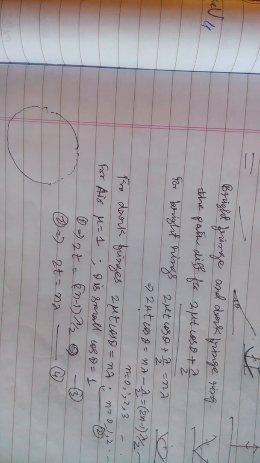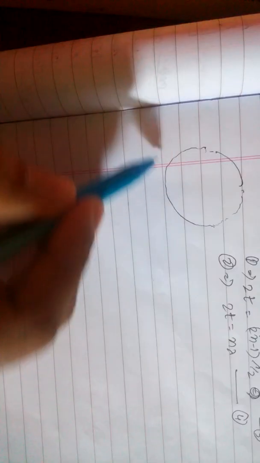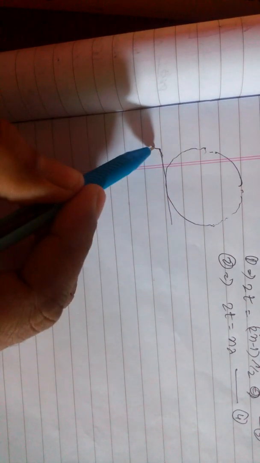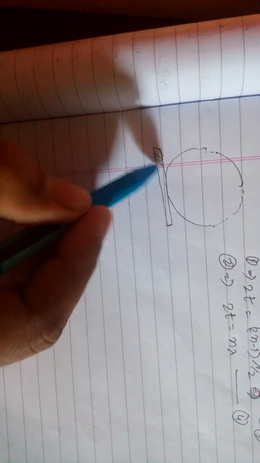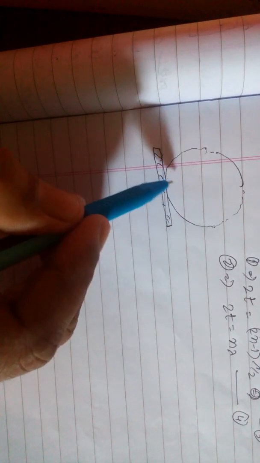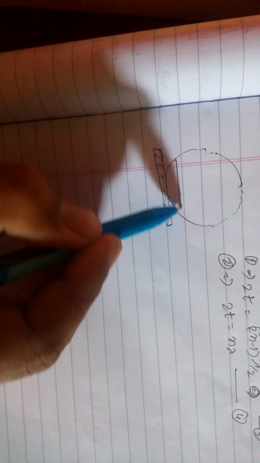It is a little bit complicated, so if we complete it, this is G, and this is the plano-convex lens.